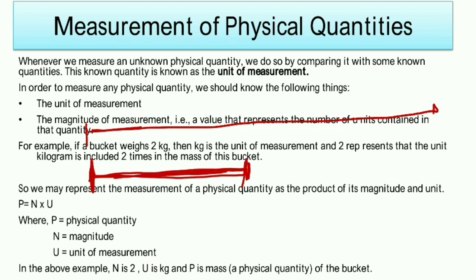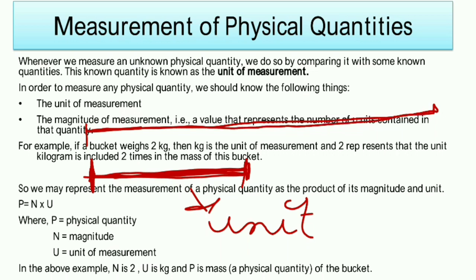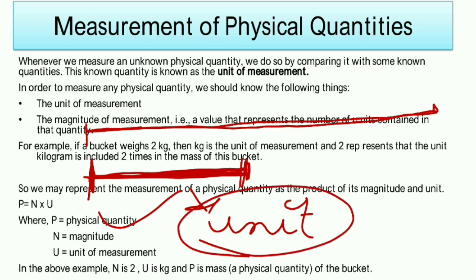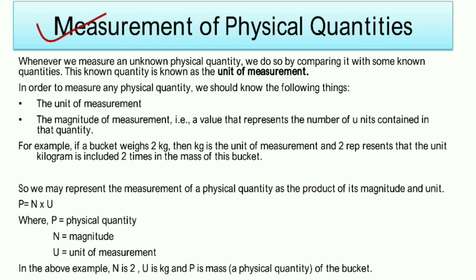So they compare with the fixed known quantity. This known quantity is known as the unit of the measurement, because they are going to compare the unknown quantity with this known quantity. So this known quantity is known as the unit. So measurement is always done by comparison of the unknown quantity with the known quantity, and that known quantity is known as the unit of the measurement.